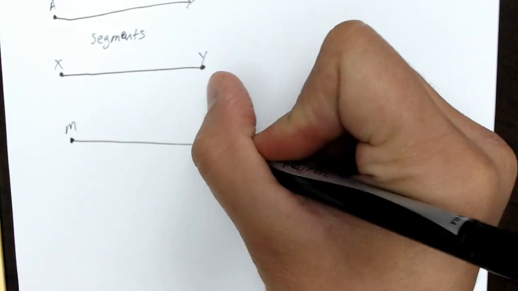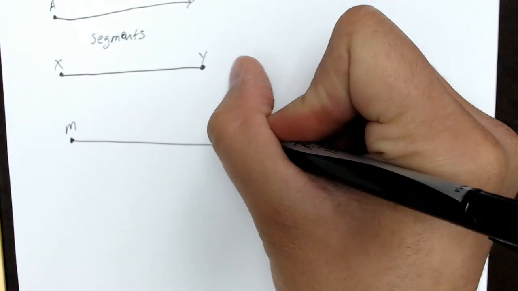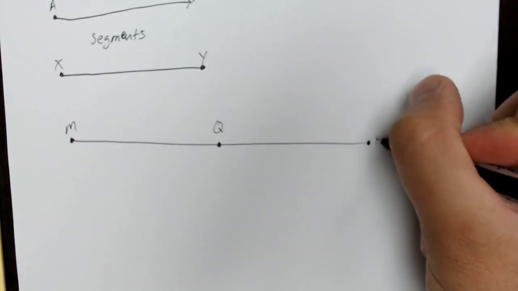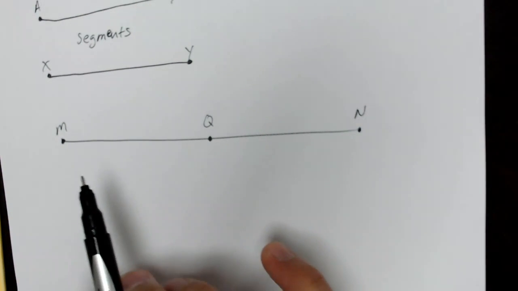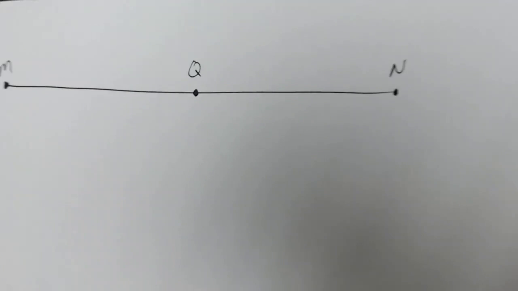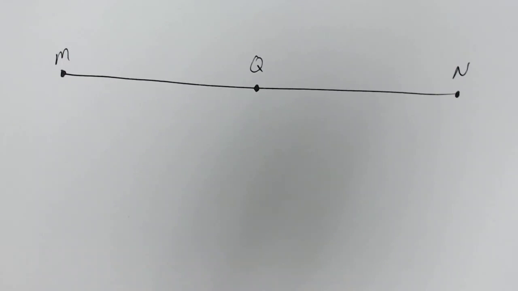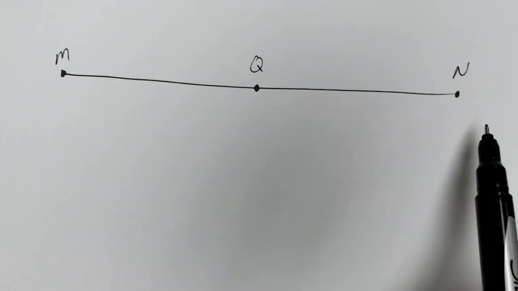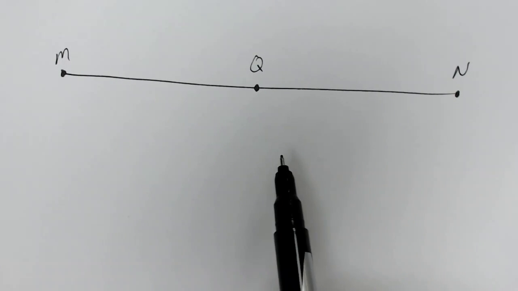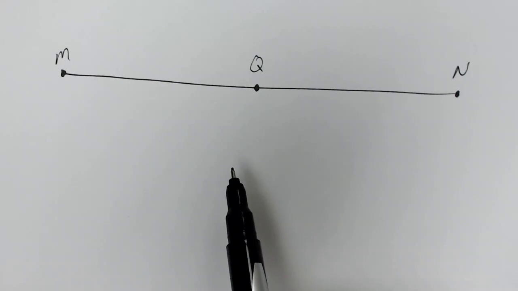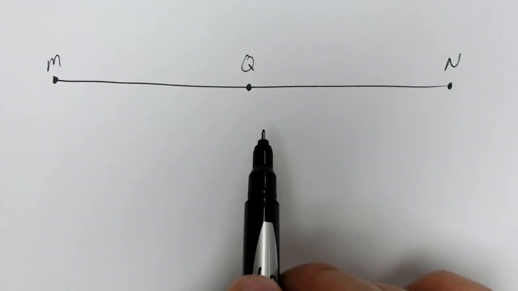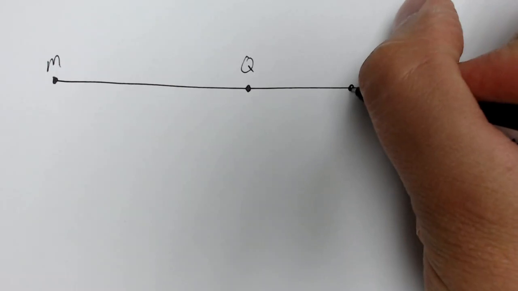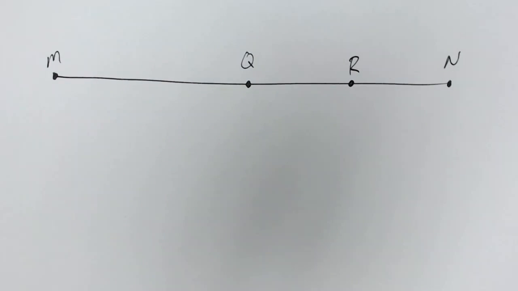We'll call it M. We'll have a point in the middle that we call Q, and then this point at the end we will call N. Now I've got a tricky number of lines here, and some of you might think I've got one line, some might think I've got two. So the way that I can distinguish which section of this line I'm talking about, let's put another point. We'll put R here, between Q and N. That'll make it even better.